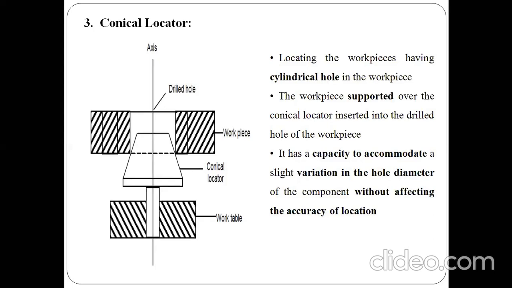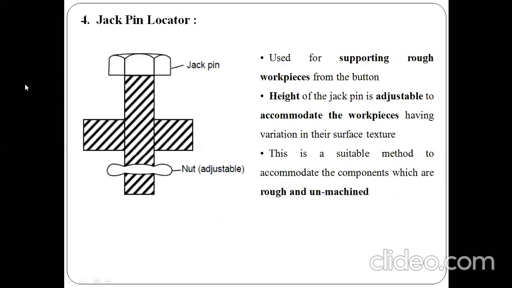It is useful to support different sizes of components, and it has the capacity to accommodate slight variation in the hole diameter of a component without affecting the accuracy of location, because accuracy of location plays an important role in the accuracy of the final product. So this is your third type of locator to locate your cylindrical components. Now we will move to the next type, the fourth type, the jack pin locator.